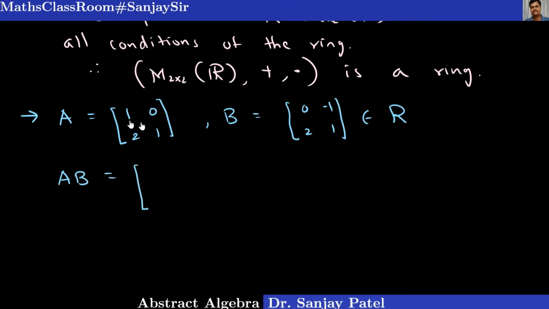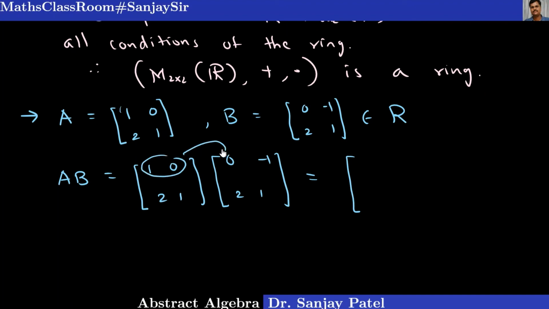You can multiply this way: 1, 0, 2, 1 and 0, minus 1, 2, 1. Now I will write the multiplication here. First keeping the row fixed and multiplying with this column: 1 into 0 is 0 and 0 into 2 is 0, so this is 0. Now we multiply with the second column: 1 into minus 1 plus 0 into 1, simply minus 1.